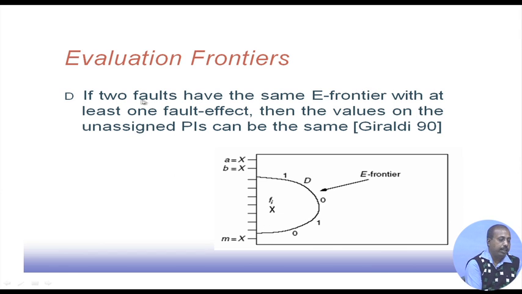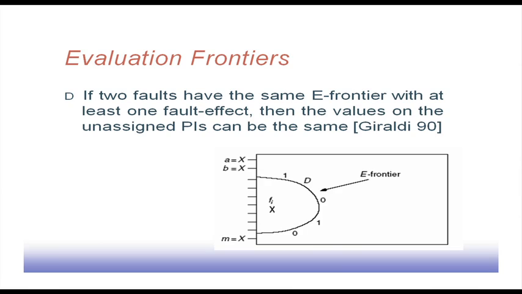Now, if it is found that two faults have the same E frontier with at least one fault effect, then the values on the unassigned primary inputs can be the same. This is a result from some paper. So if two faults have the same E frontier, and we have already computed the primary inputs for the first fault, we do not need to compute primary inputs for the second fault, because for that E frontier the same set of assignments can be used.